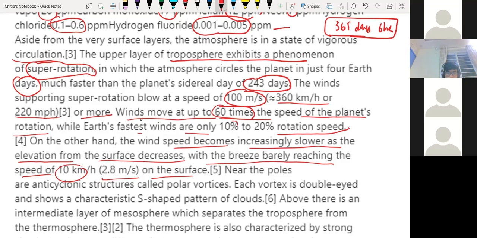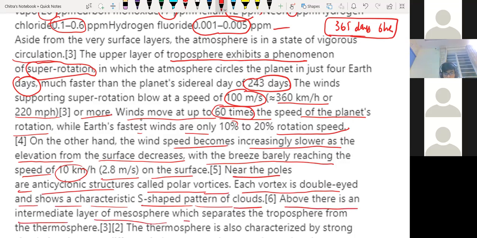High near the pole are anticyclonic structures called polar vortices. Each vortex is double-eyed and shows the characteristic S-shaped pattern of the cloud. Above there is an intermediate layer of atmosphere which separates the troposphere from the upper atmosphere.